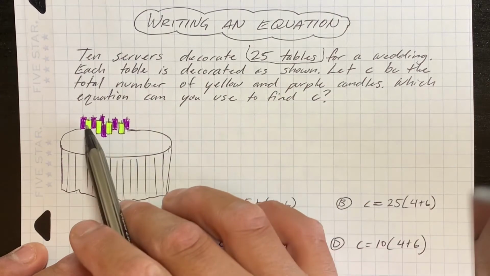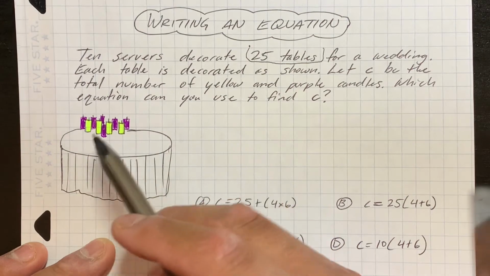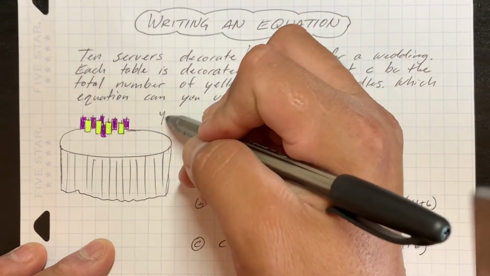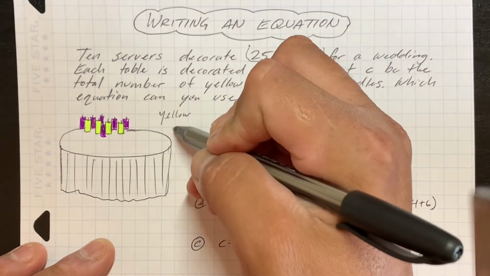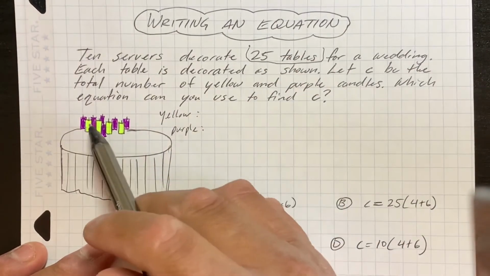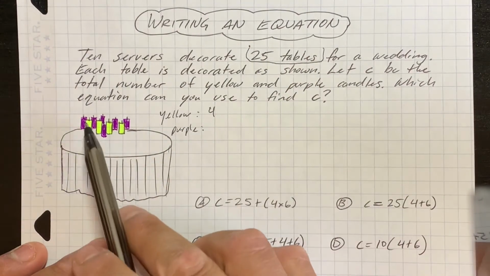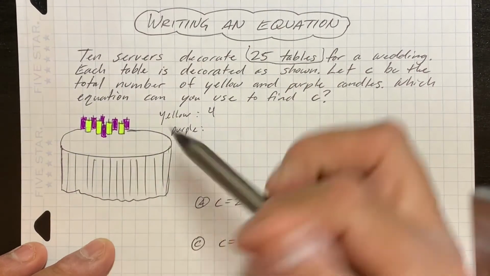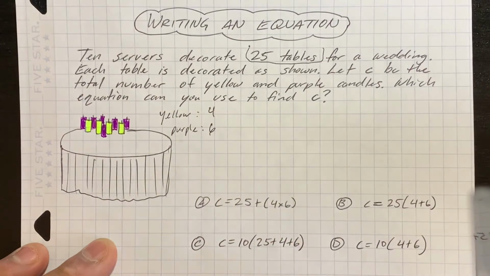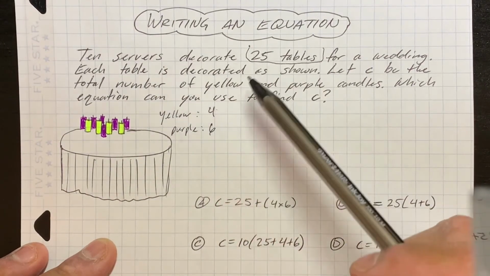If you look here, there looks like purple candles and yellow candles. We have 4 yellow candles, 1, 2, 3, 4, and 1, 2, 3, 4, 5, 6 purple candles. So each table has 4 yellow candles and 6 purple candles.